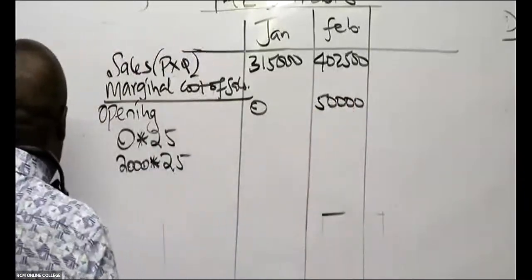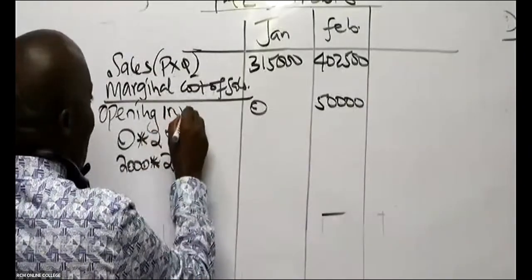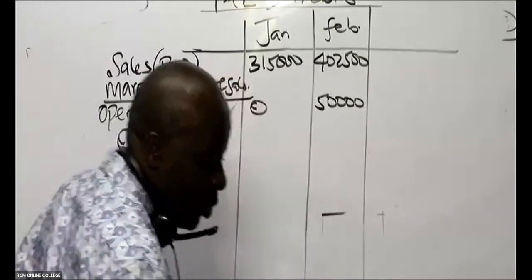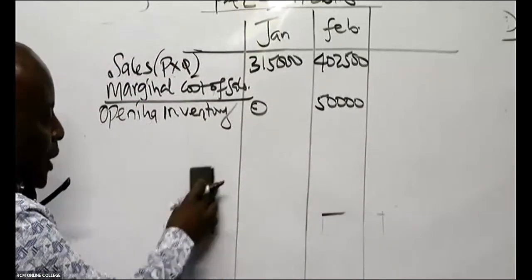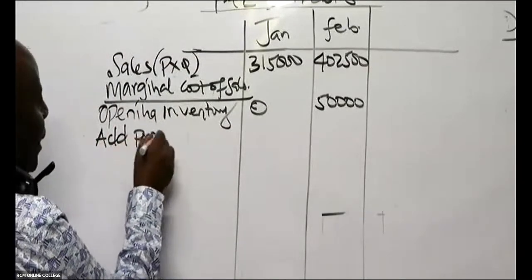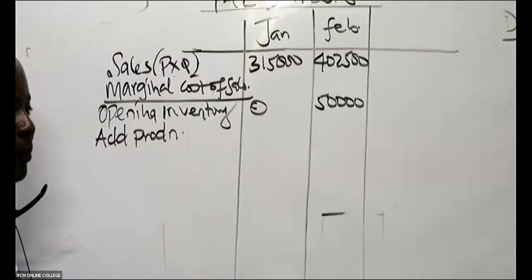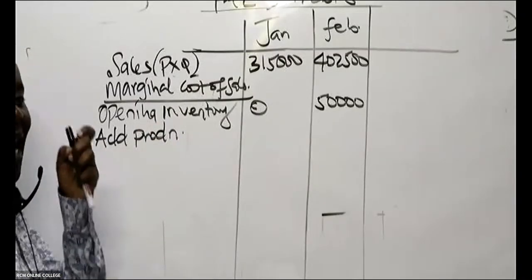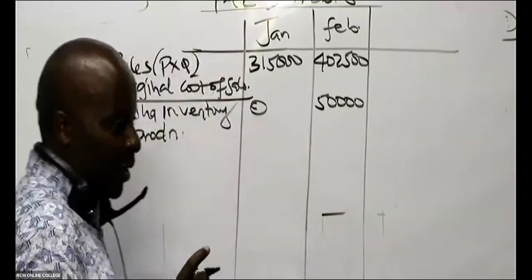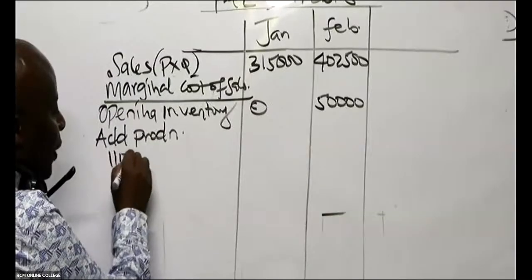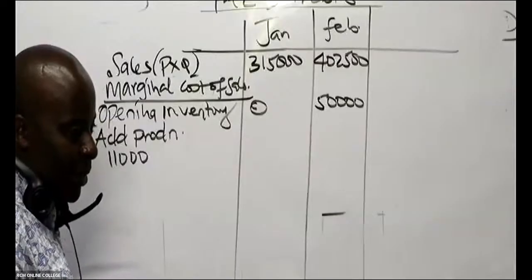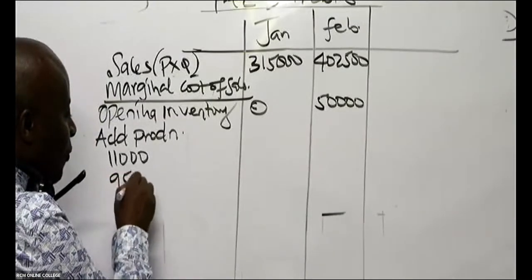And then, ladies and gentlemen, apart from opening inventory, we shall add what here, production? Add production. So production, how many units were produced in January? 11,000. How about units produced in February? 9,500.